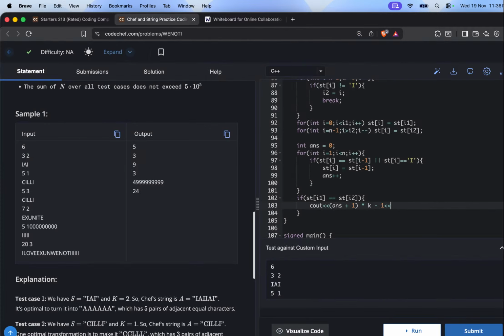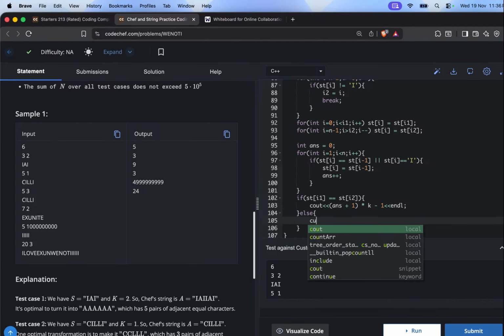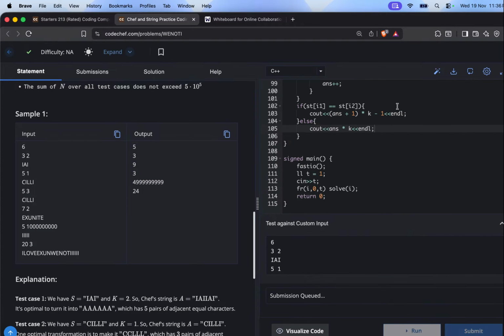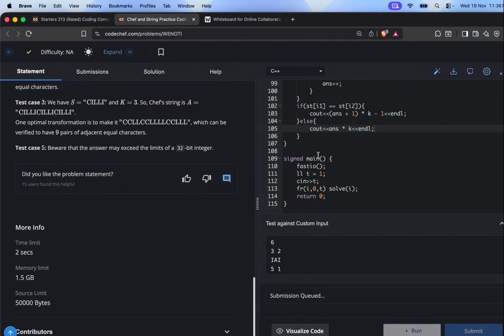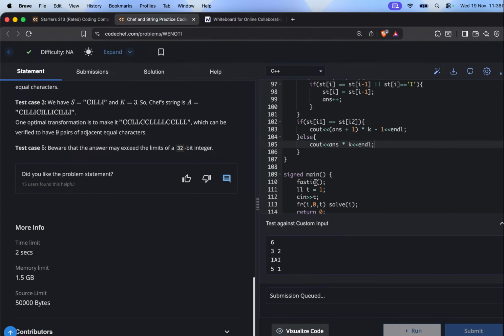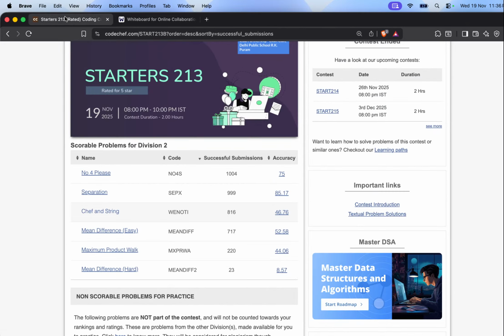So minus 1 for that case. And what about the else part? Answer is just K times. Let's move to the next question now.